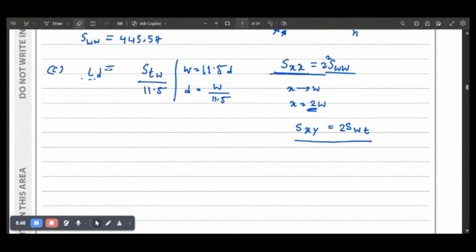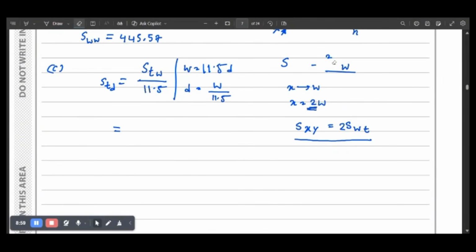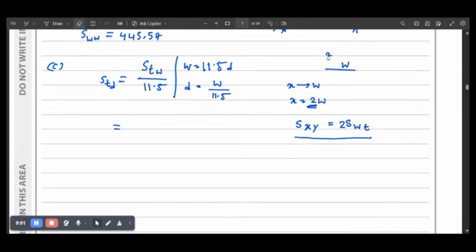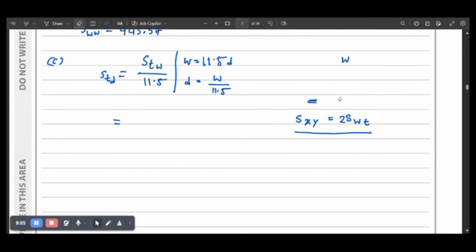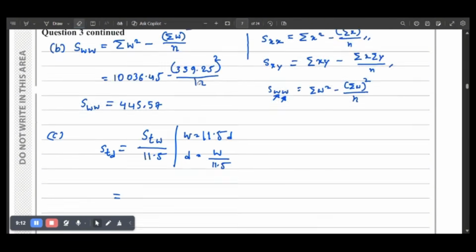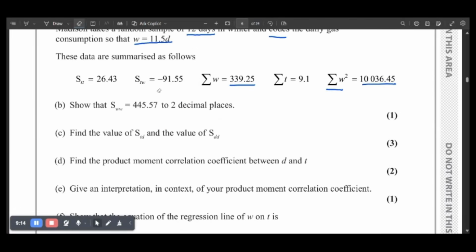Now this is the relationship between STD and STW. If we calculate STW, we can just divide by 11.5 to find STD. So let me use the values from the question.